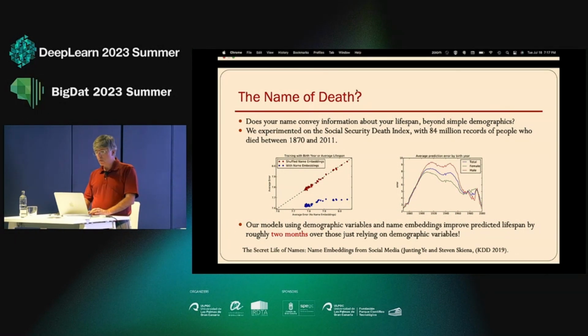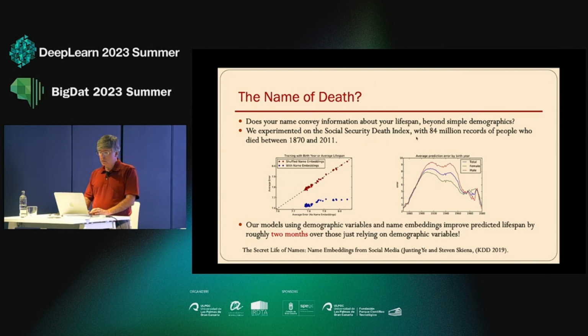So what is this doing? We trained on data from the Social Security Death Index in the United States, which gave us 85 million people where we knew they were dead, we knew how long they lived, and we knew basic demographics on them. We trained models to try to predict how long they were going to live based on standard demographic features.